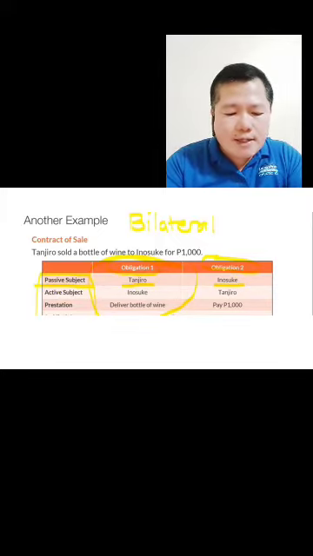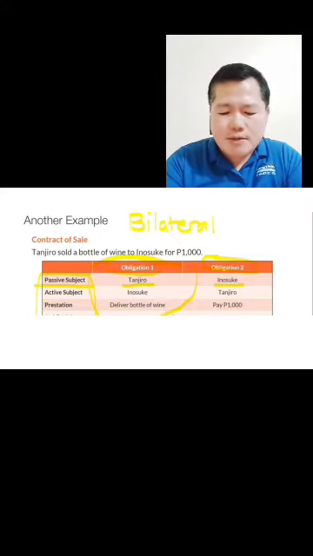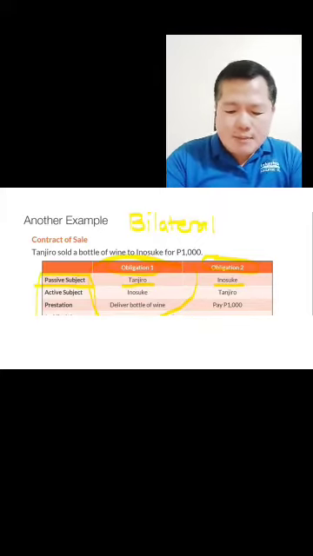So if we analyze obligation number 1, the passive subject is Tanjiro and the active subject is Inusuki. If we recall the meaning of passive and active subject, the passive subject is the one who has the obligation, while the active subject naman is the one who has the right to demand the fulfillment of the obligation of the passive subject. So what is the prestation?